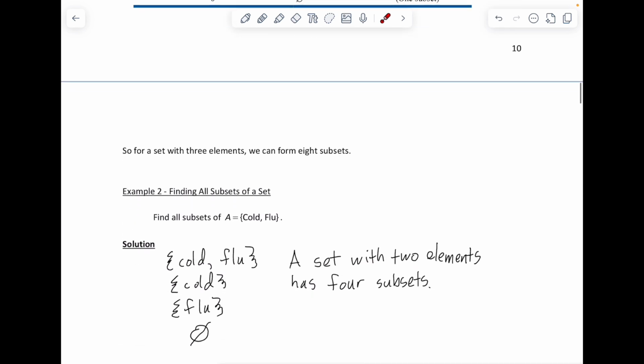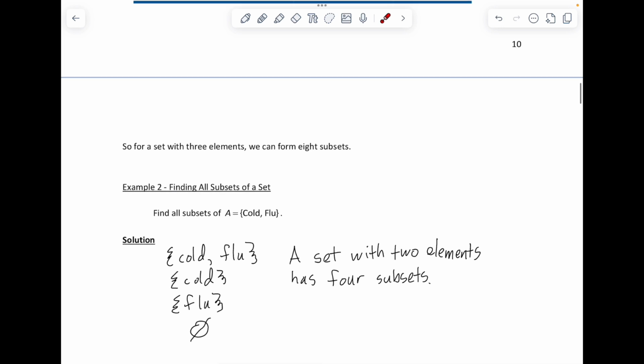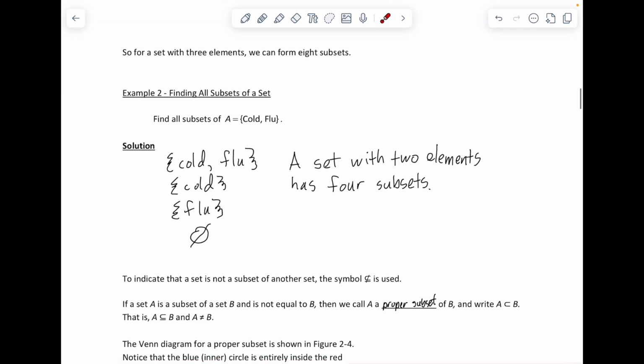If we come down to example 2 here, this subset, the first one we listed, is not a proper subset because it's equal to set A. All the other subsets are proper subsets. So when we consider all the possible subsets of any set, all of the subsets will be proper subsets except for one, which is the one that is equal to the original set.